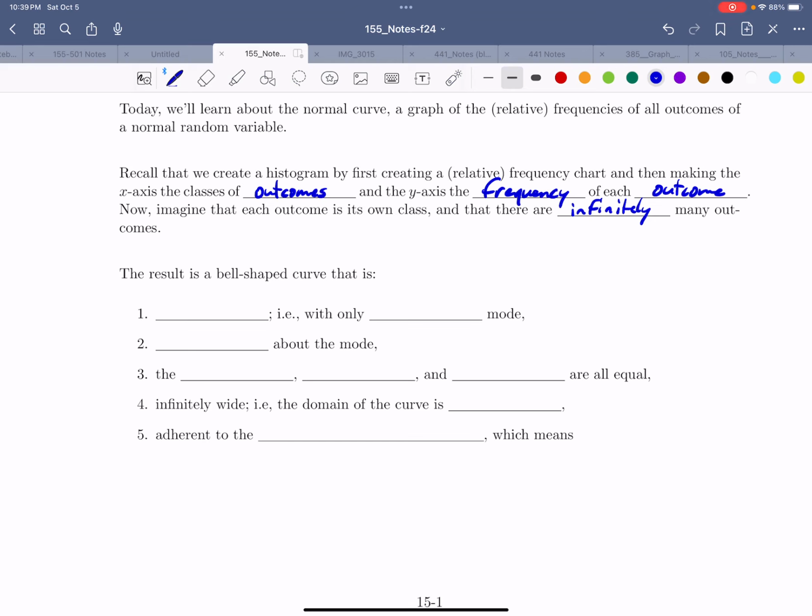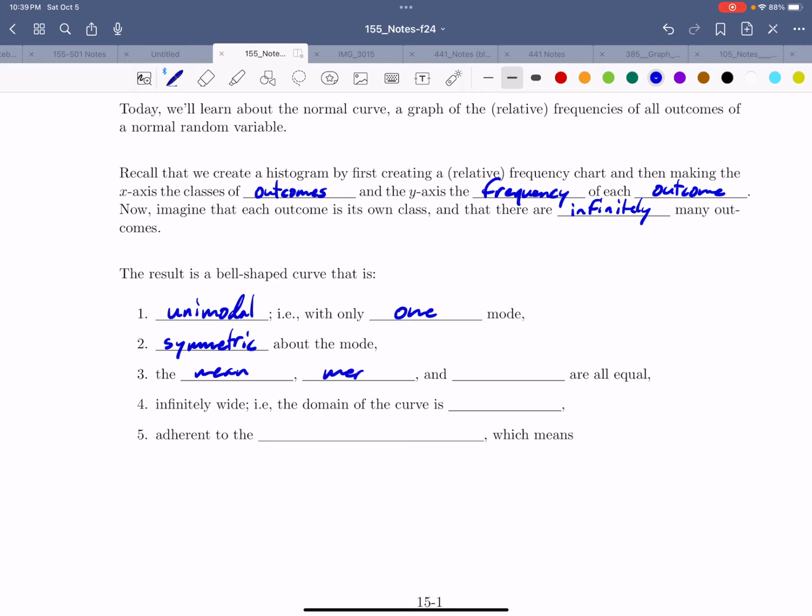And so what we have, remembering that bell curve that we looked at earlier, we have a bell-shaped curve that is unimodal, which means one mode. It is symmetric about that mode.